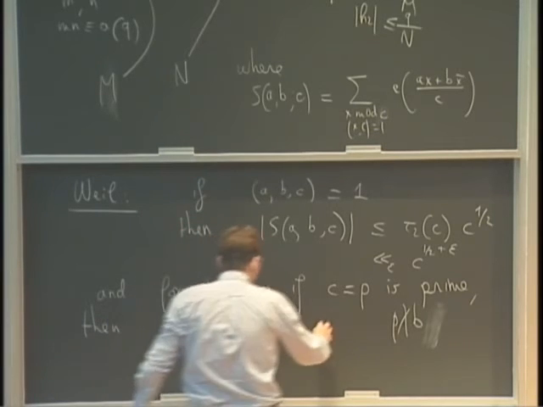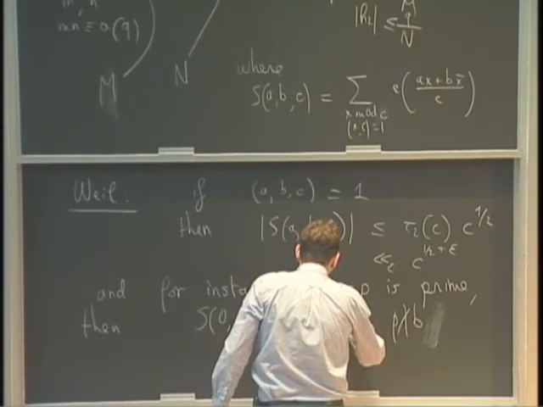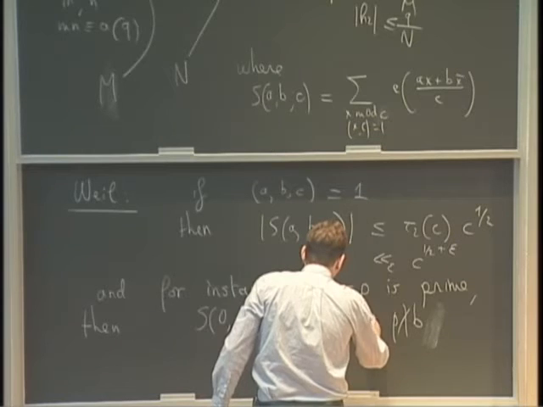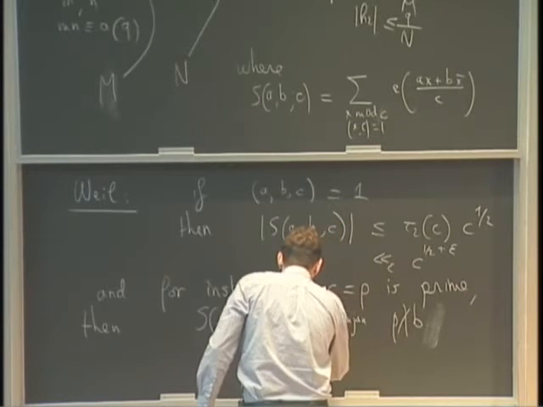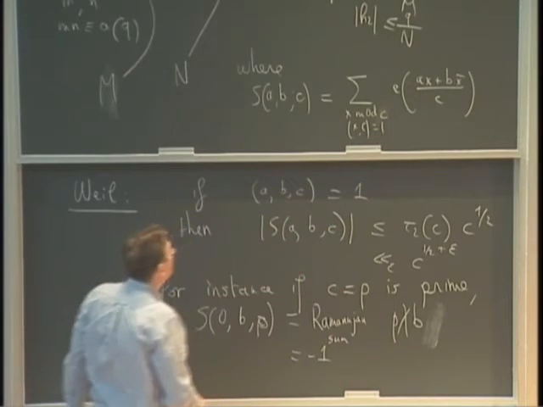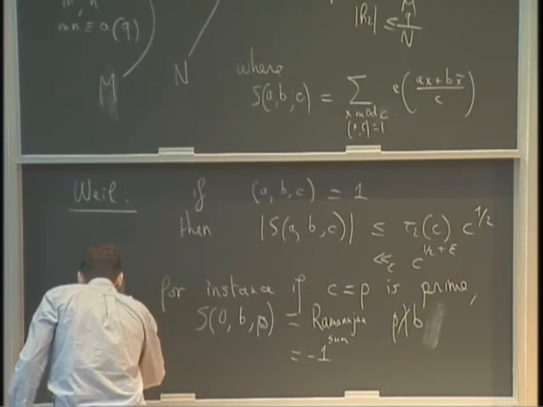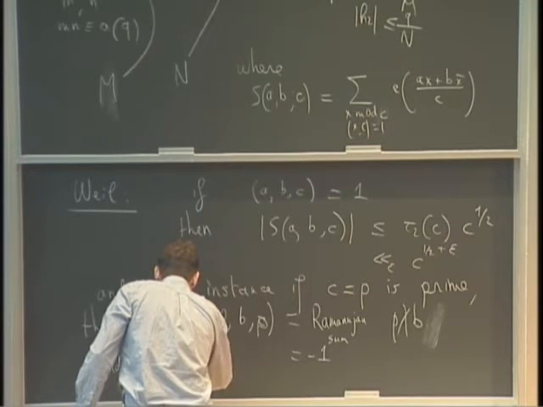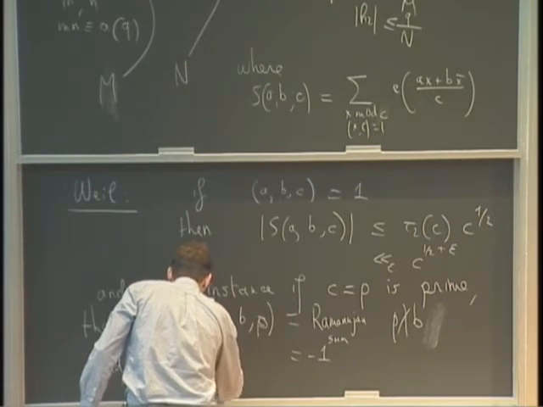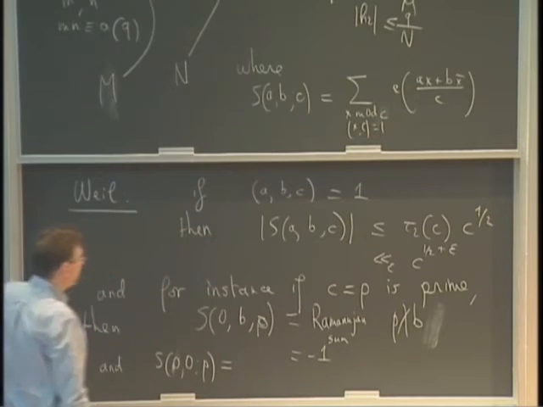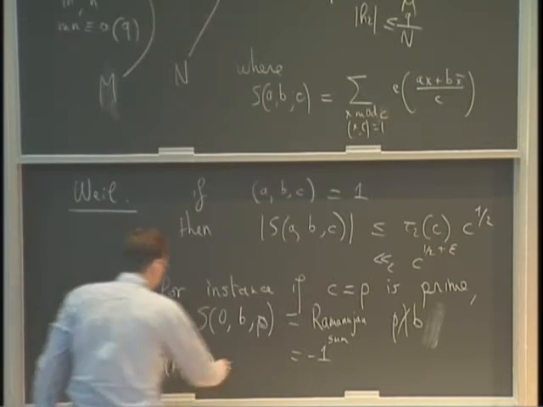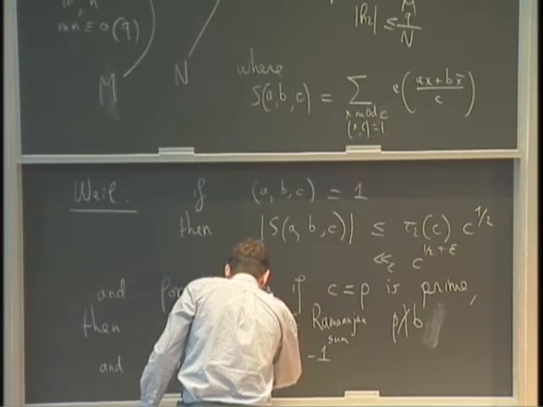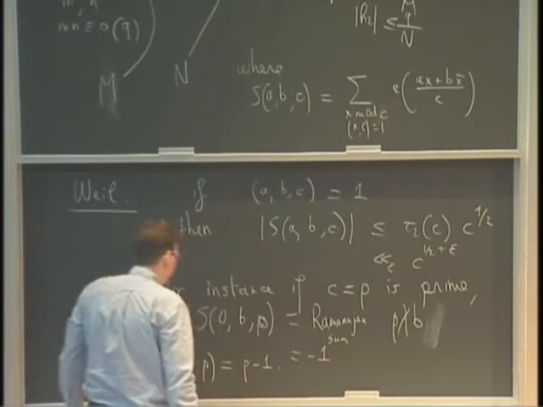So this is a Ramanujan sum. So it's -1. And if both a and b are 0, then this is the only case where the sum is large, and it's, in that case, p minus 1, which would be phi of c in the general case.